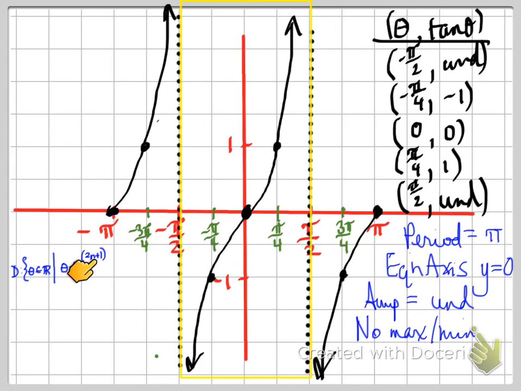An even number plus 1 will always yield an odd number. So an odd numbered pi over 2, where n is an integer, meaning that you couldn't have decimal values or fraction values for n. They would have to be positive or negative whole numbers.